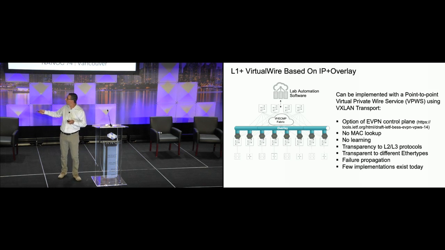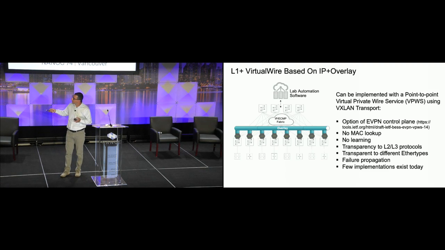I'm actually borrowing language from the EVPN RFC, which defines how to build a point-to-point transparent link across a BGP IP underlay. So here again, you have your leaf switches connecting to your devices under test. Here you can have your core spine. It doesn't really matter what you have up here. This is pure transport of IP packets at this point.